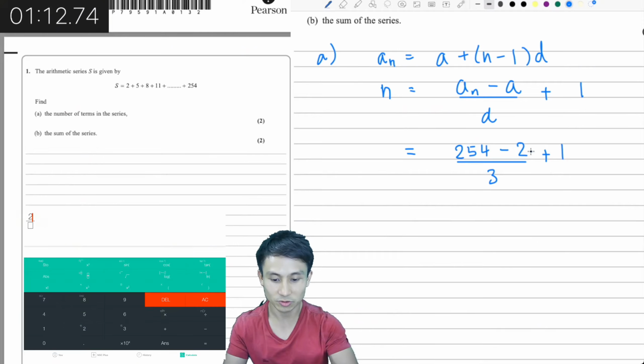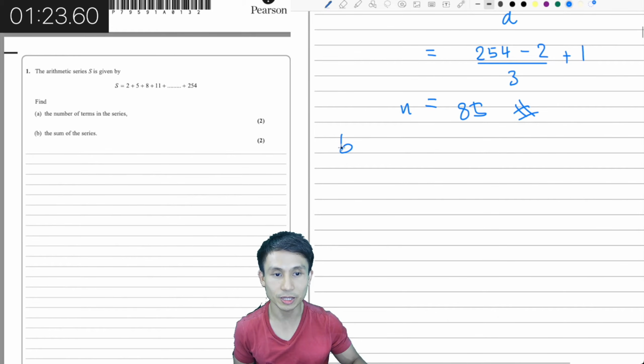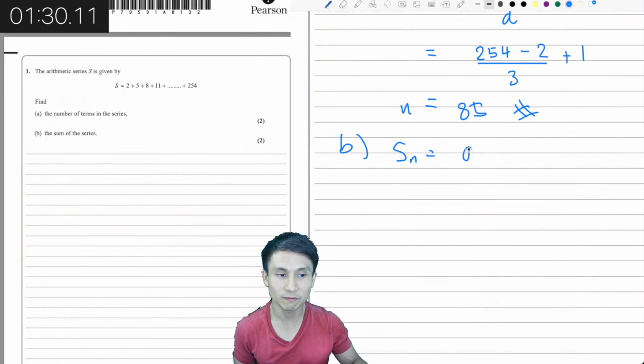Okay, so 254 minus 2 divided by 3 and then add 1, we get 85. So n equals 85. B, the sum of the series. Well, we can do first plus last, divided by 2, times n. We can use that one.